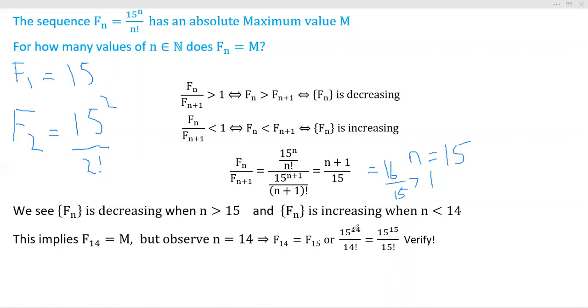It's not so difficult. Two fractions are equal if and only if you cross multiply. So what you would end up with right here, when you cross multiply, you would end up with 15 factorial times 15 to the 14th.